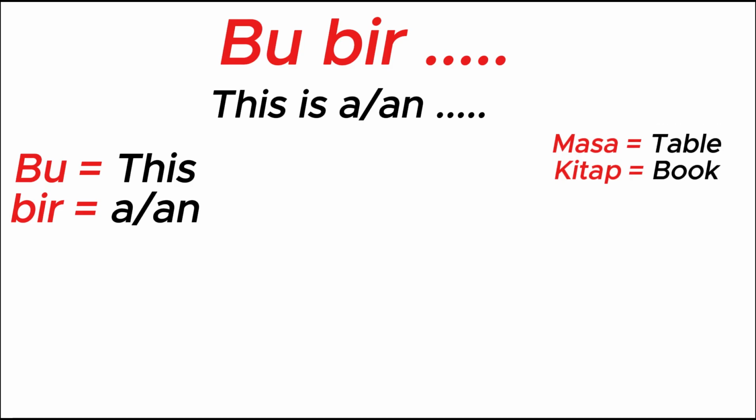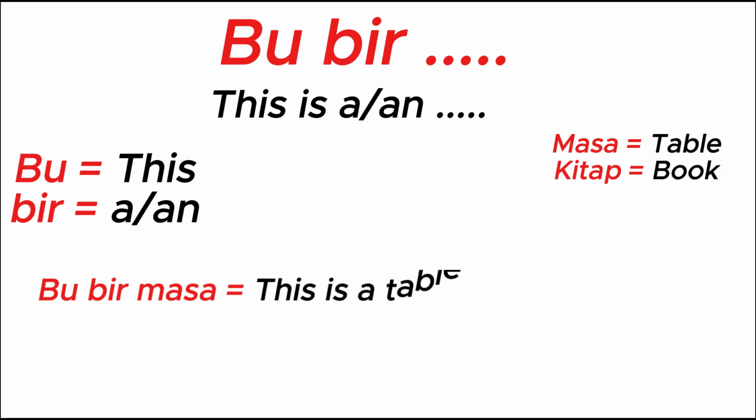So do you remember our words? Masa means table. Kitap means book. So with the materials that we learned, let's make our basic phrases. Firstly, we use bu bir, which means this is a, and then we use the noun masa, which means table.